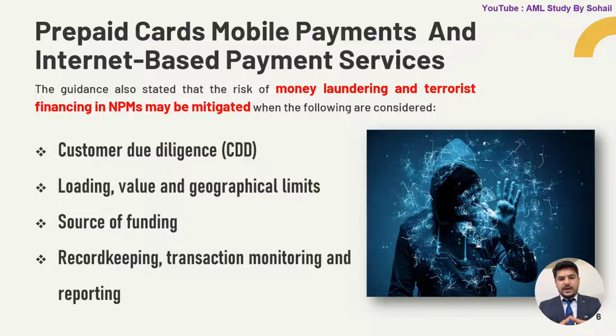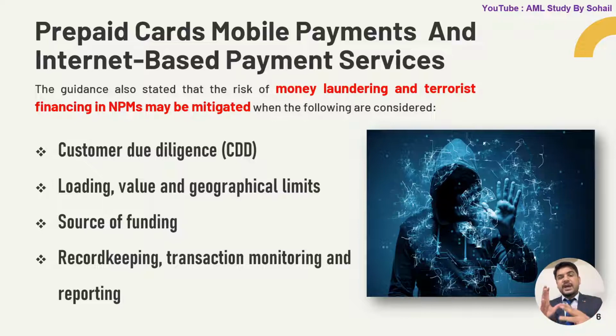So, source of funding as well, I explained: if there is an internet transaction, who is giving authority to pay these payments should be put in a mechanism. They will ask for the source of funds, and there should be verification of the source of funds, and then record keeping, transaction monitoring and reporting should be there.